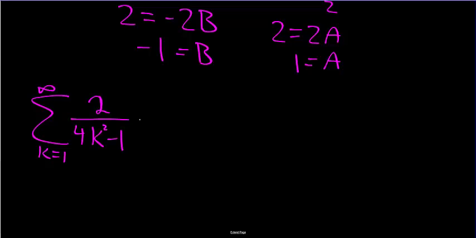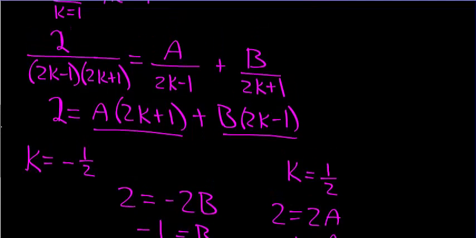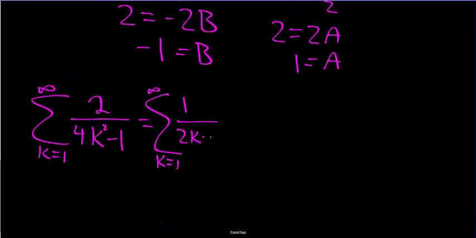And what was A? A is 1. So k goes from 1 to infinity. What was on the bottom of A? 2k minus 1, and then we had minus 1 over 2k plus 1.